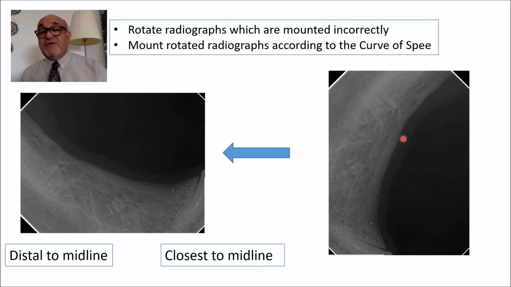Then you are going to flip your radiograph on the computer so that the correct occlusal plane will show over here, right? So once it's there, you're going to locate the midline. How do I know where the midline is?